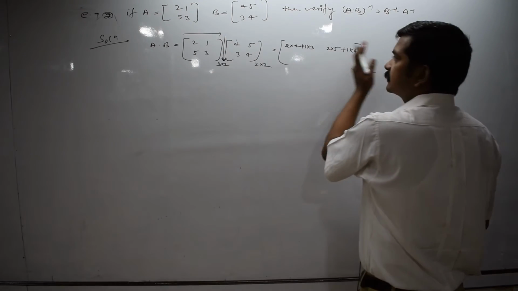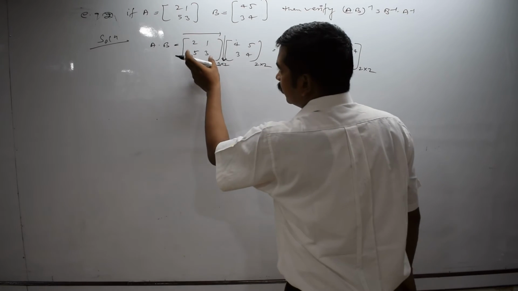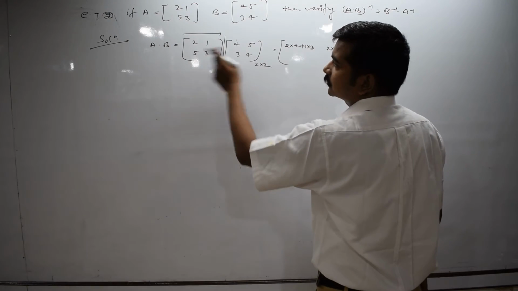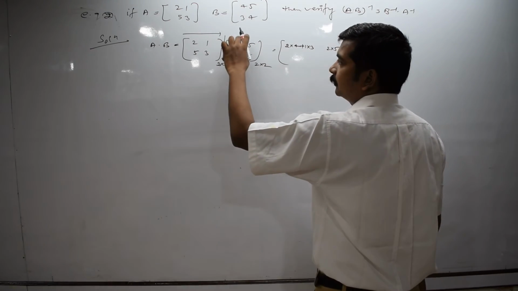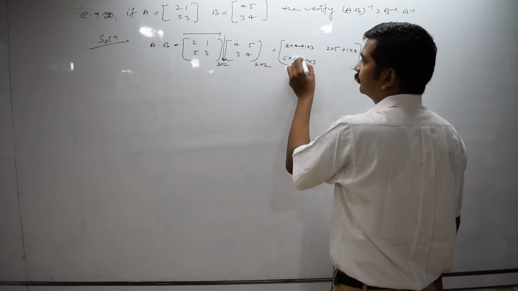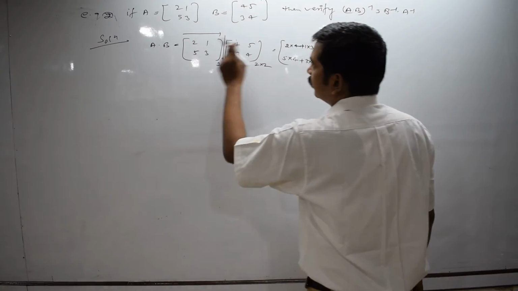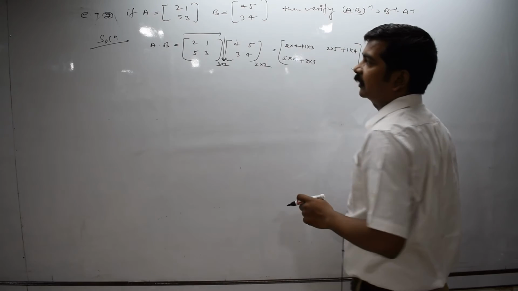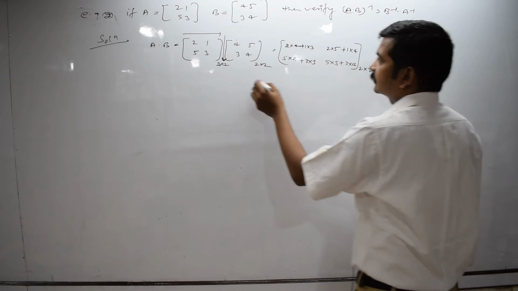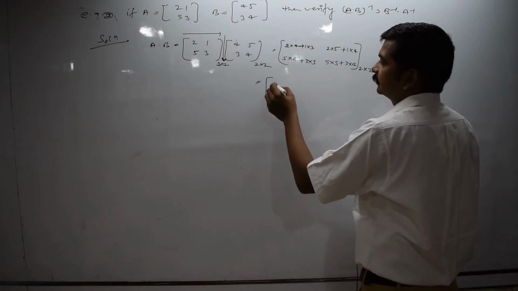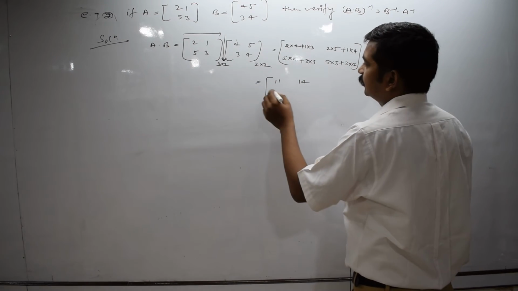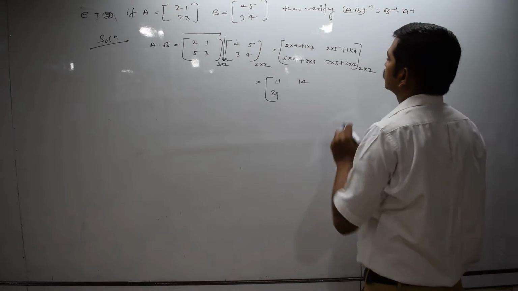Now, when we take the second row, we take the corresponding columns of the second matrix. Now, 5 3 will be multiplied by 4 3: 5 into 4 and 3 into 3, with a plus sign between them. Again 5 3 multiplied by 5 4: 5 into 5 and 3 into 4, taken plus. So, this will be 8 plus 3, 11, this will be 10 plus 4, 14, this will be 20 plus 9, 29, this will be 25 plus 12.